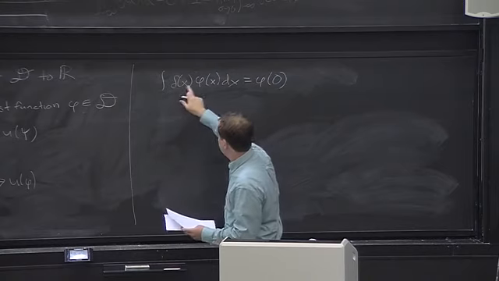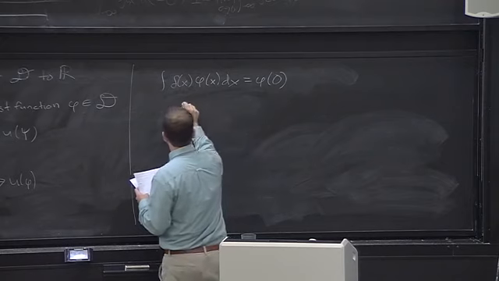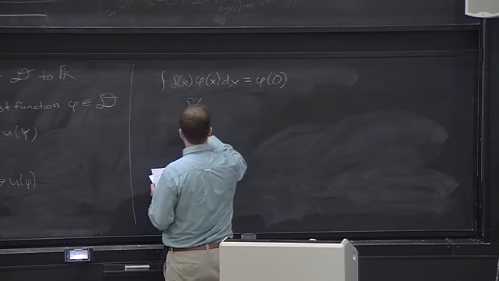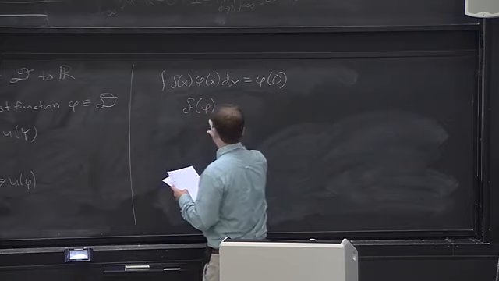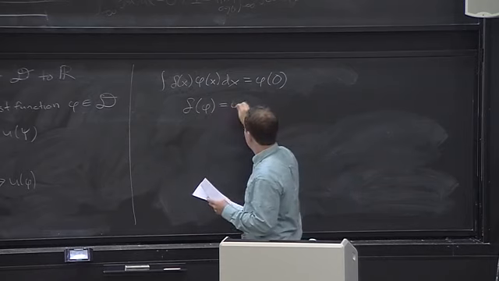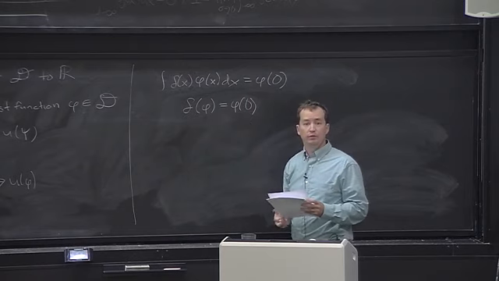We can define delta to be just the object that takes as an input a test function and outputs the value of that function at 0.